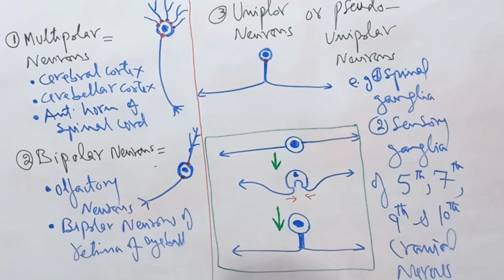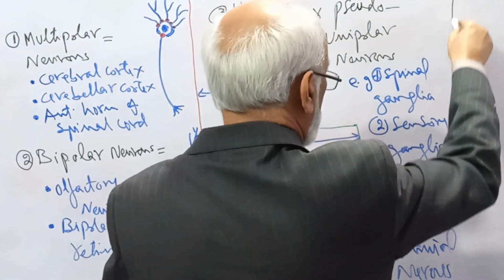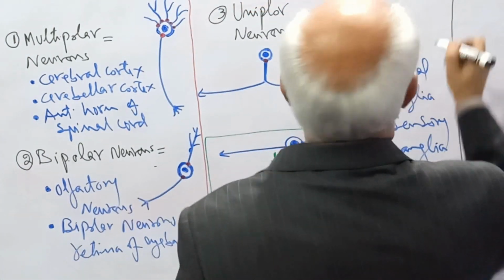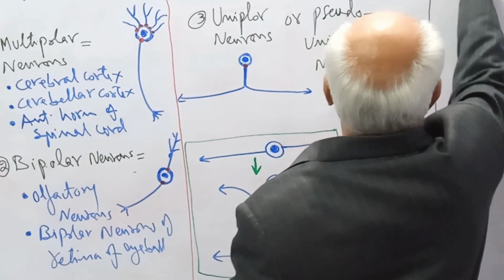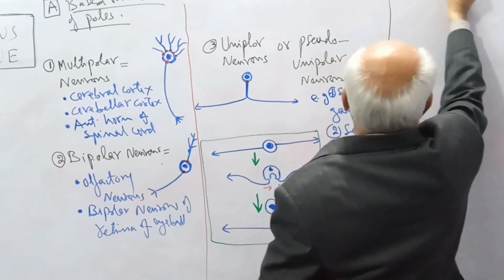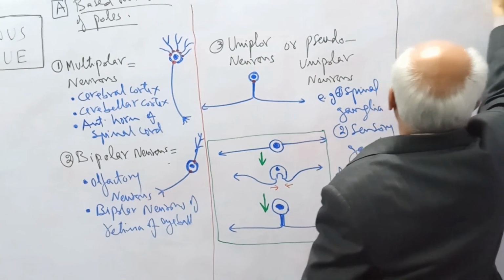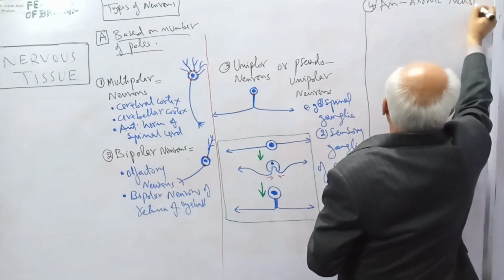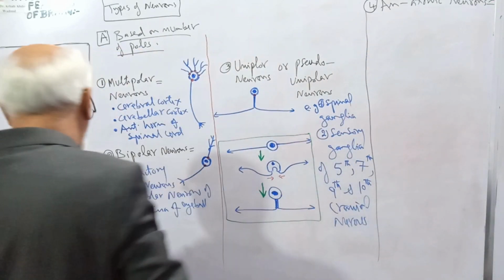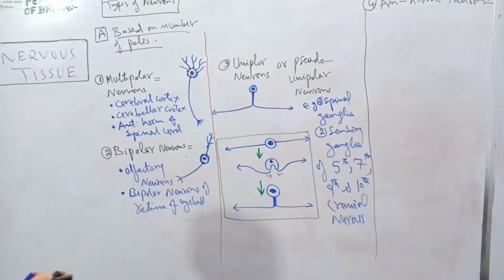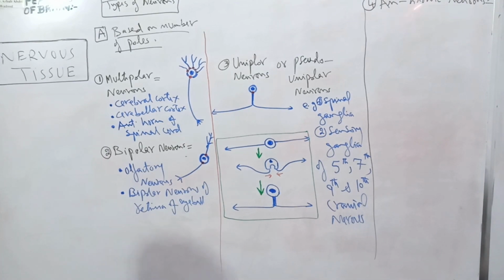Next is anaxonic neurons, number 4. That is, neurons which do not have axons.